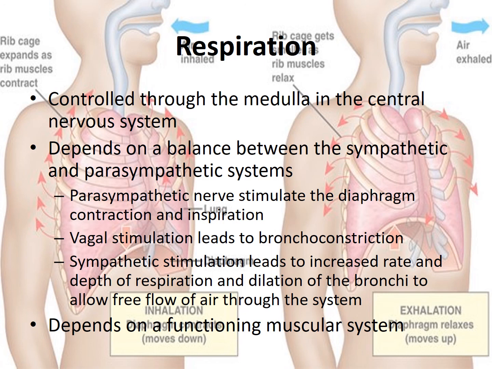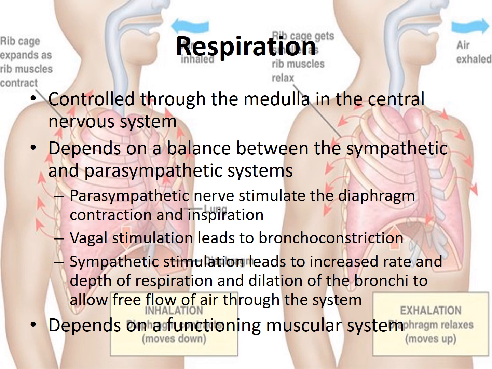So now when we look at the next bullet, and it says respirations depend on a balance between the sympathetic and parasympathetic systems, you can appreciate those two systems. Now that we've talked about the autonomic nervous system and we've dissected both of those, now you can see where our medications are going to target the sympathetic nervous system, because it promotes bronchial dilation, okay, which is going to help the airway, help our gas exchange.